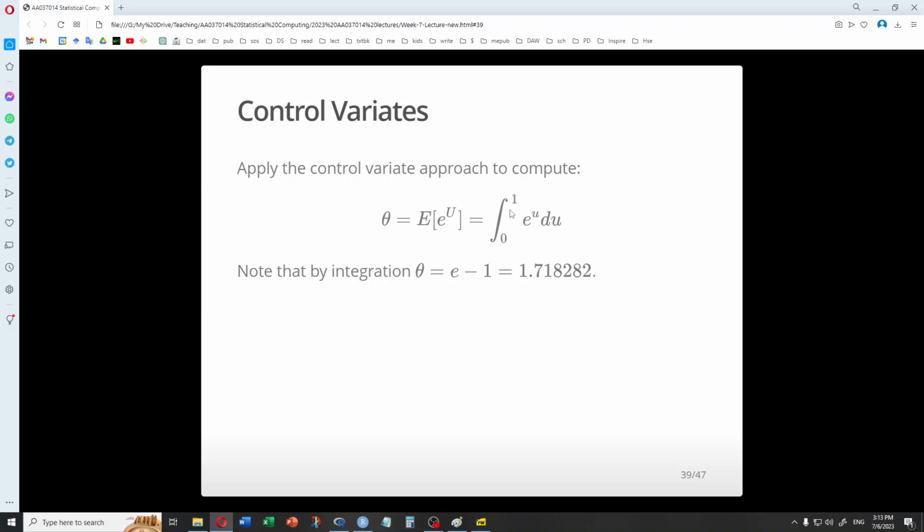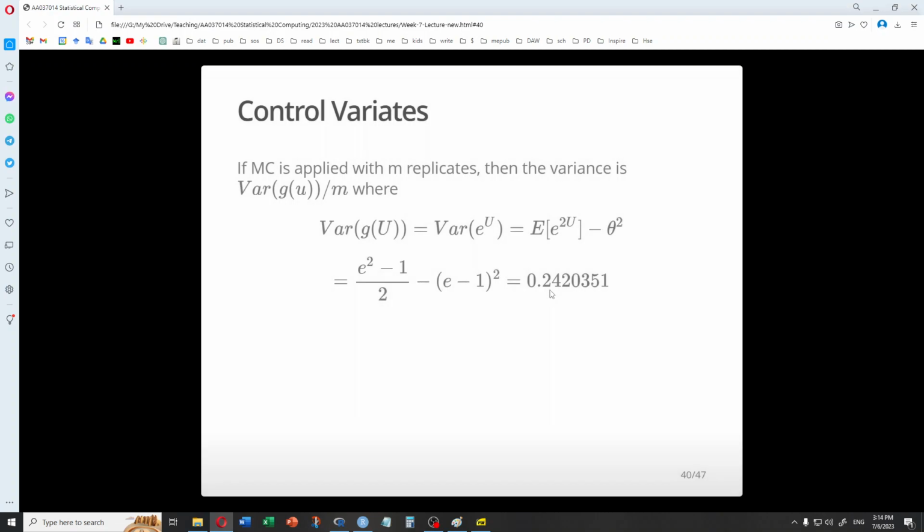First, by using integration, this is e^1 minus e^0, so you have e minus 1, which is equal to 1.718. So by integration, we know that theta is supposed to be 1.718.